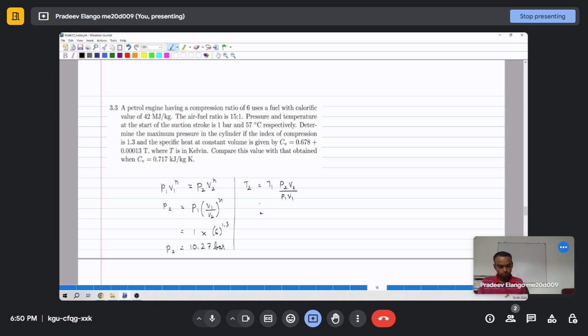T1 is 57 degrees Celsius, that is 330 Kelvin, into P2 is 10.27 bar and V2 by V1 is 6. So the answer is 564, or I would write 564 kg.